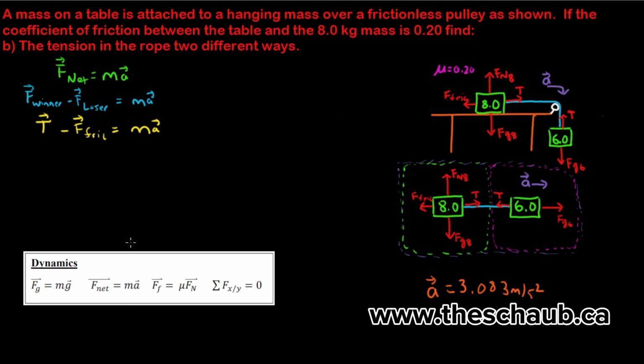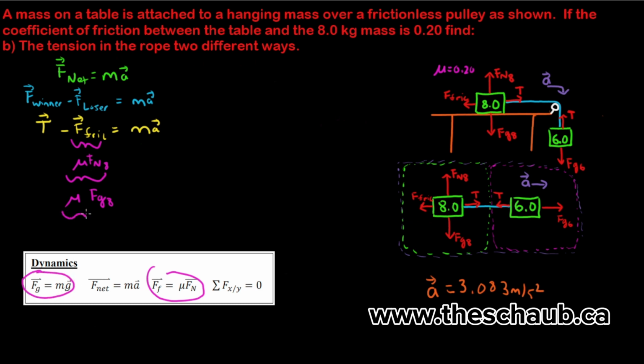Our force of friction here is equal to mu Fn8. And this can be rewritten as mu Fg8, because Fn8 and Fg8 are equal in magnitude and opposite in direction, and Fg8, according to our formula sheet here, is equal to mg.